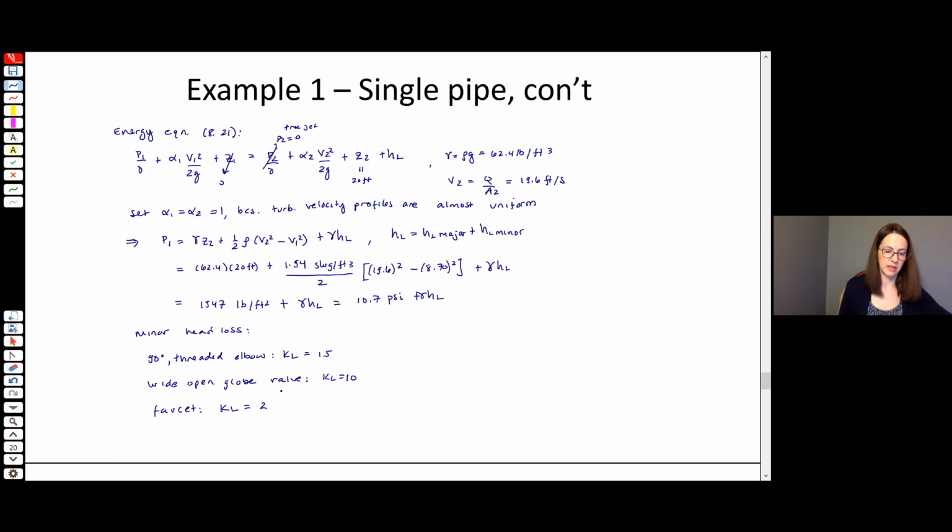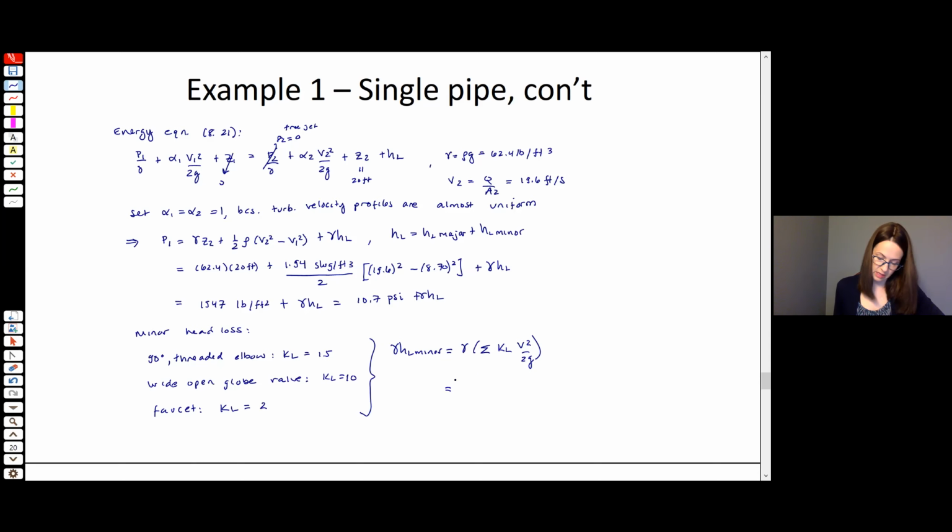All right. So the minor losses, we've got gamma HL minor equal to gamma times the sum of the KLs times V squared over 2g.